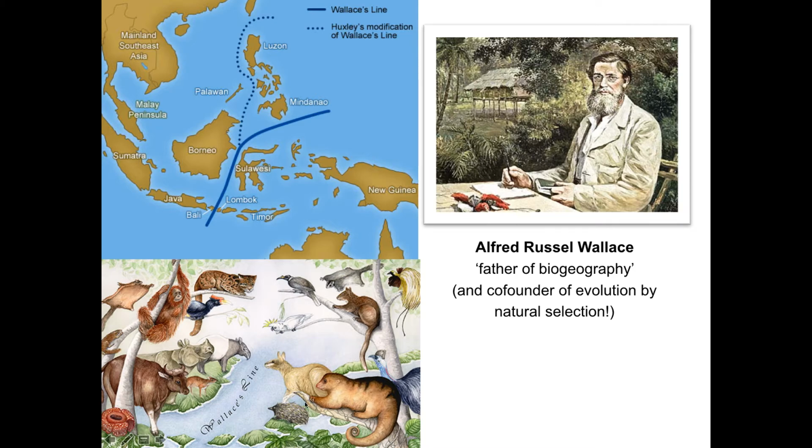So you get monotremes, like echidnas, you get the marsupial macropods, the marsupial possums, and you get the ratites, like the cassowary. You get cockatoos, you get strange noisy birds like friarbirds, honeyeaters, you get gliding marsupials.